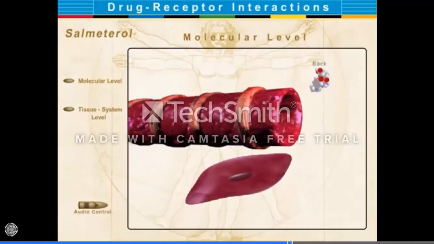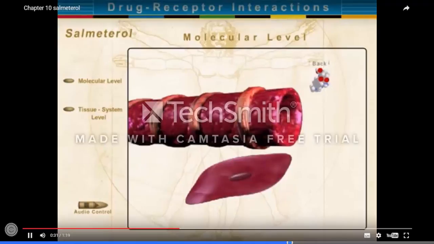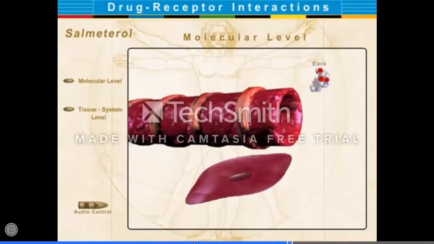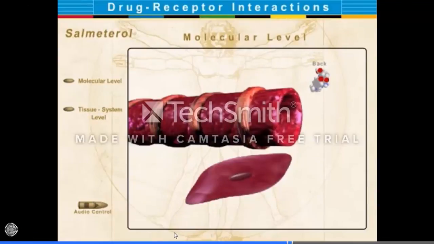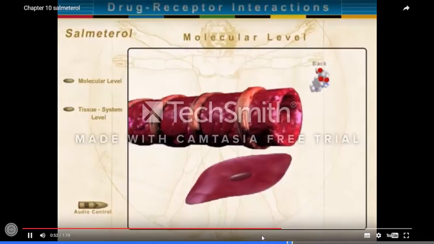The molecules of salmeterol that diffuse out activate beta-2 receptors and initiate a G-protein-linked cascade similar to dopamine. But instead of the final step being to activate a channel, the final step is activation of protein kinase A, which then phosphorylates or deactivates myosin light chain kinase. This causes intracellular calcium to decrease.